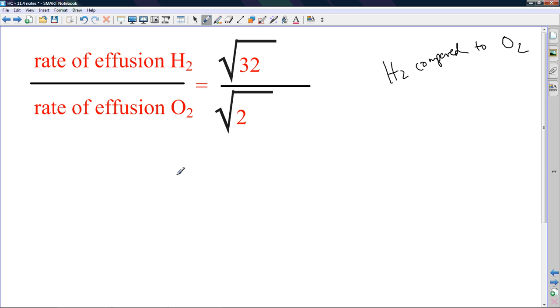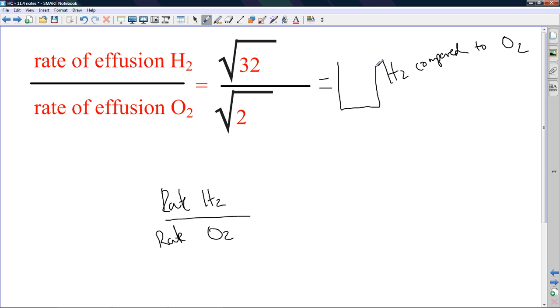That means when we solve for this, the square root of 32 over 2, we are going to get what the rate of hydrogen is compared to oxygen. So you can see in that sample problem how they solved that. So when you get an answer, again, I want you to read that description so that you understand what that number is. Okay, and again, I'm not going to put that number here.